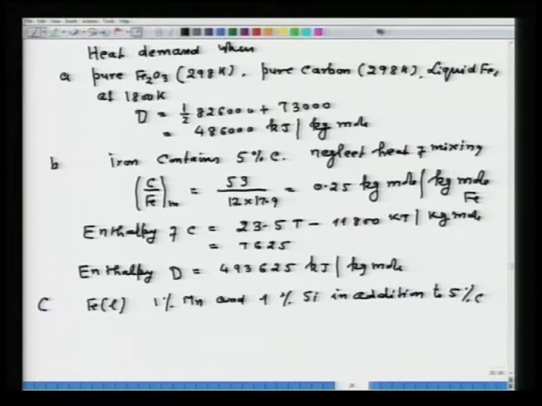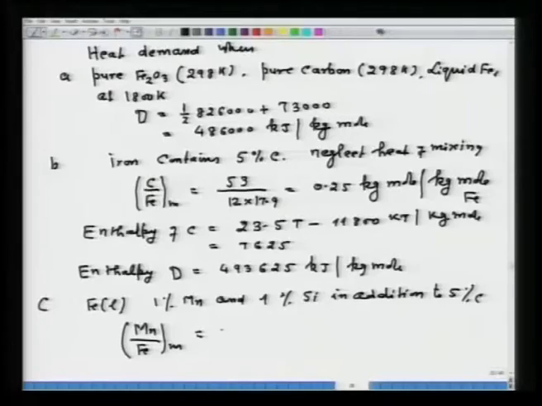Now, what we have to do here? First of all, we have to calculate Mn upon Fe, again for 1000 kg of product iron. So, manganese and silicon will each become 10.75 kg. In kg moles you can calculate, it will be 0.011 kg mole Mn per mole of iron. Similarly, we have to calculate for silicon.